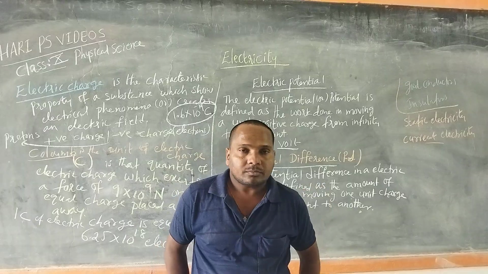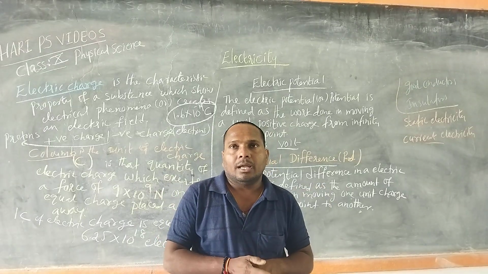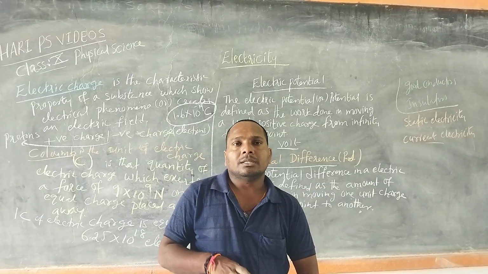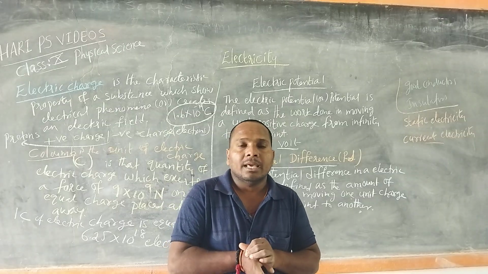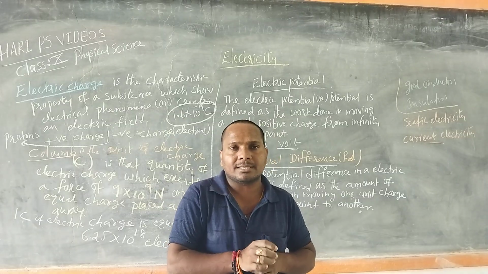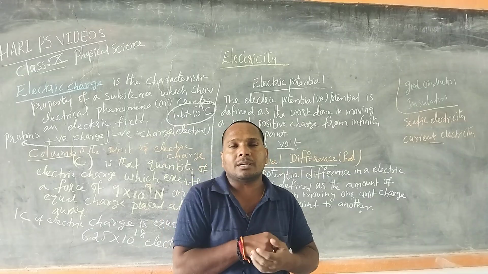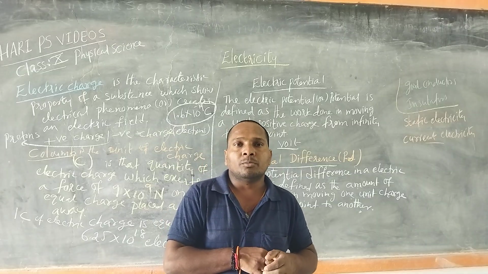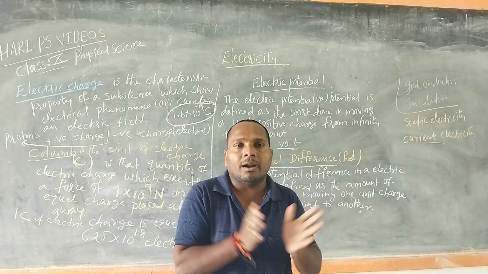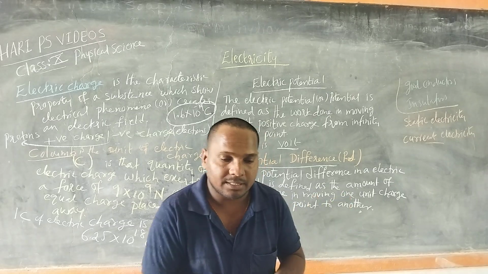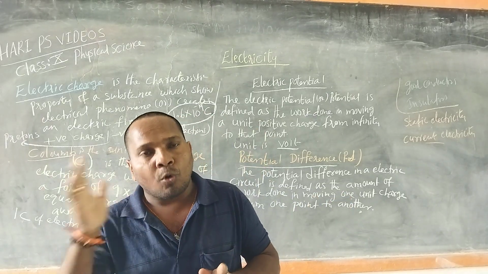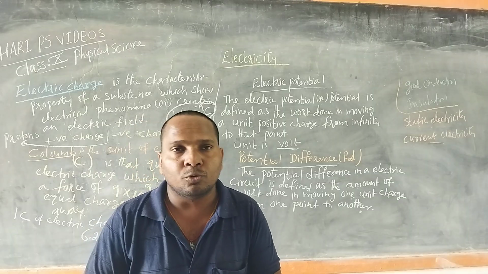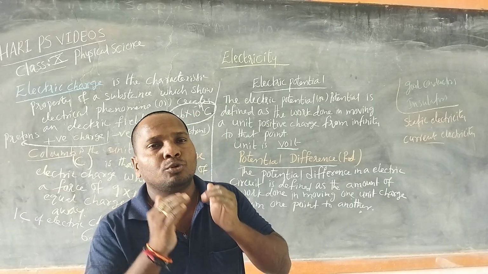In the electric circuit, the electric field is formed by positive charges. When we place one more positive test charge, repulsion takes place. To overcome the repulsion between the two positive charges, we need to do some work.